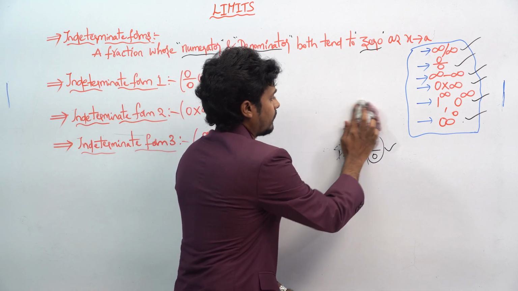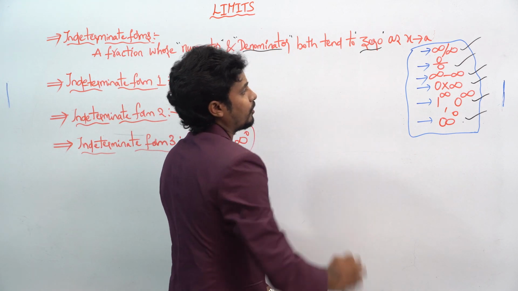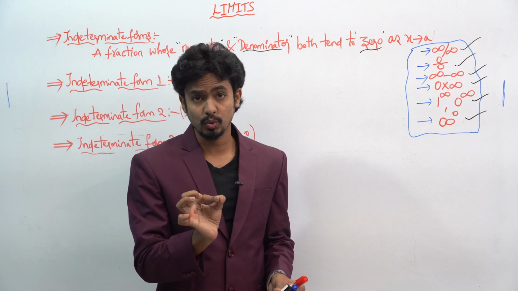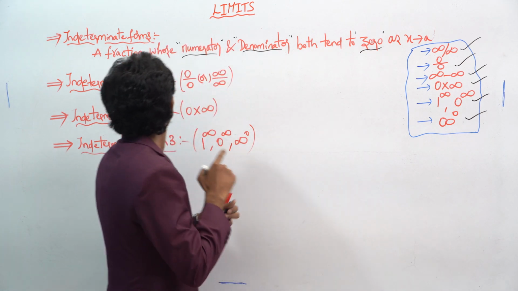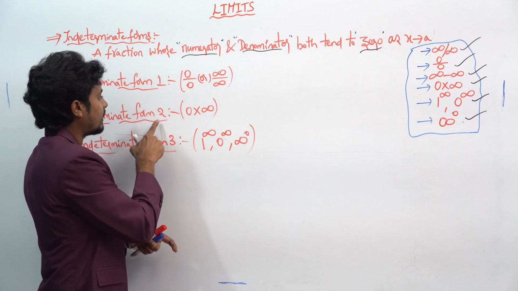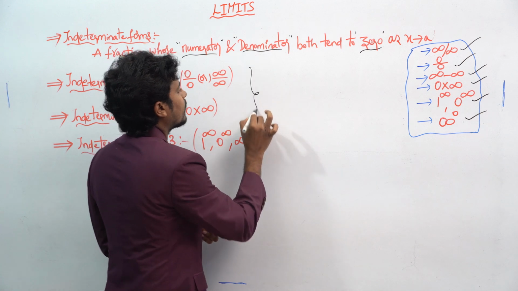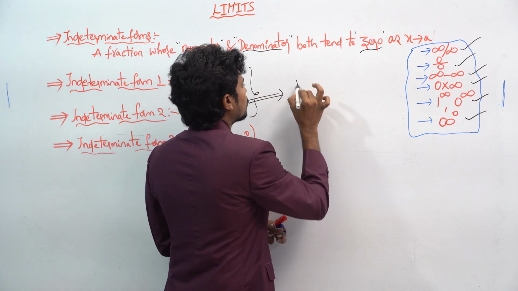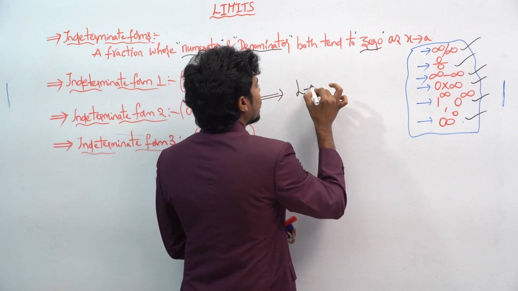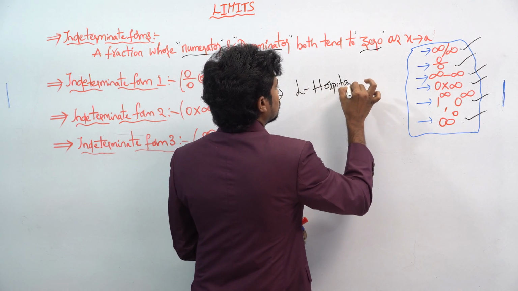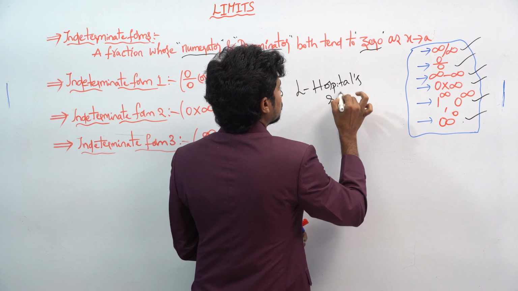So if you want to apply the limit, you must apply L'Hospital's rule. Here, indeterminate form 1 and indeterminate form 2 both require L'Hospital's rule. You must apply L'Hospital's rule here.